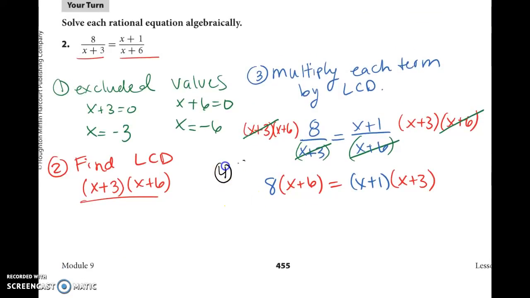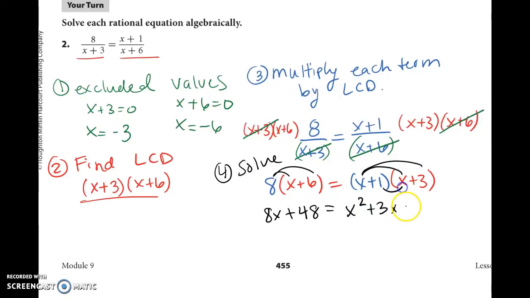So step 4 is going to be to solve, and I'm going to do that by distributing. So 8x plus 48. Distribute these, that's x squared plus 3x plus 1x plus 3. And remember, we're going to move everything to one side. So I can combine these first.